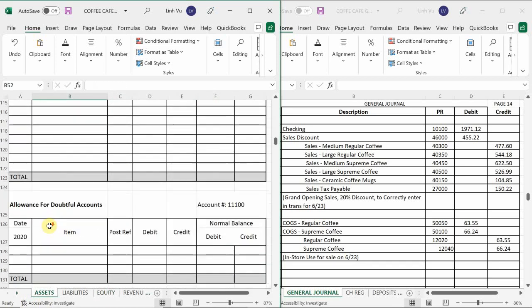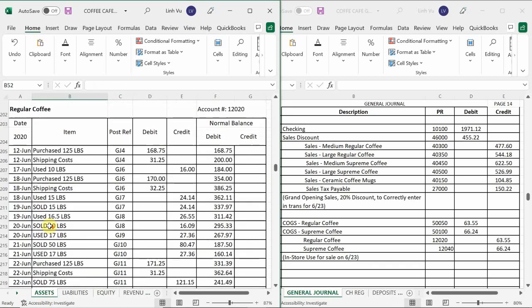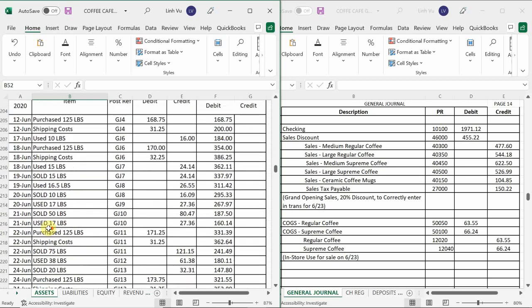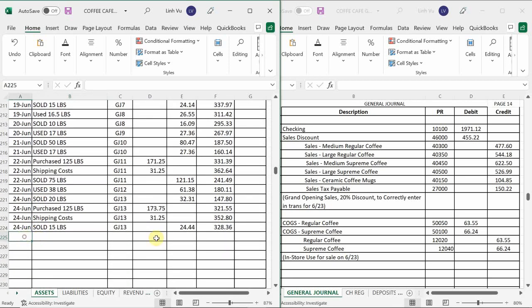So starting with our regular coffee. We end up using 39 pounds on June 23rd.